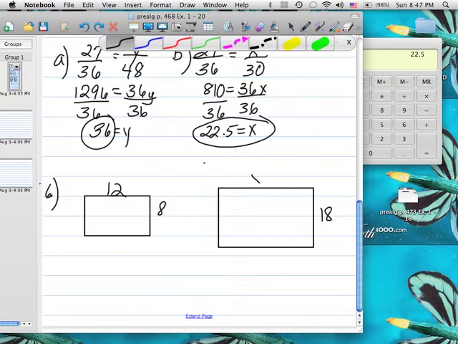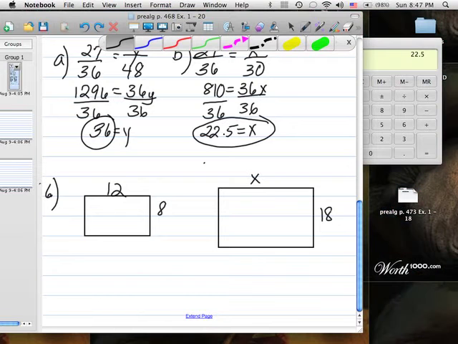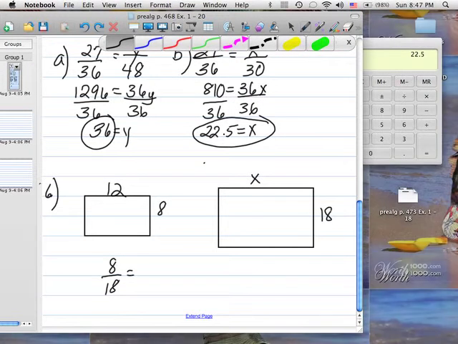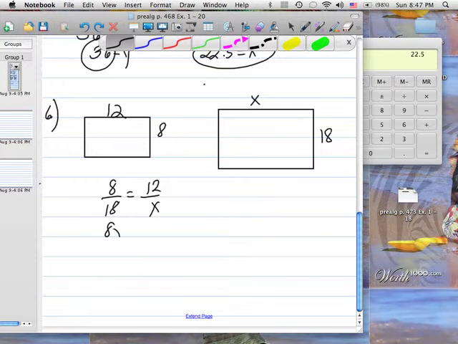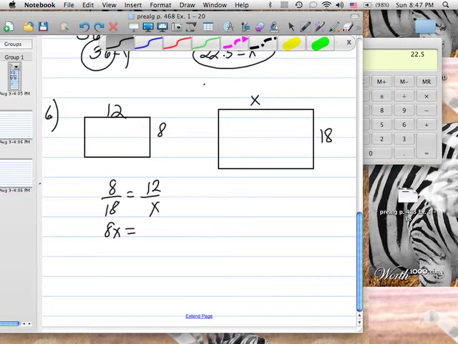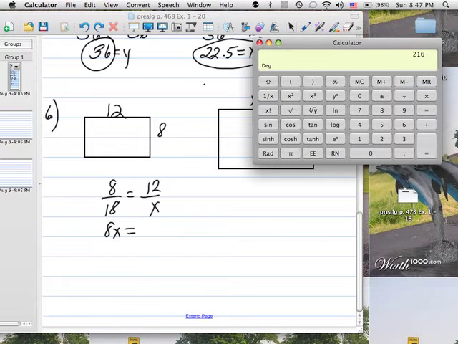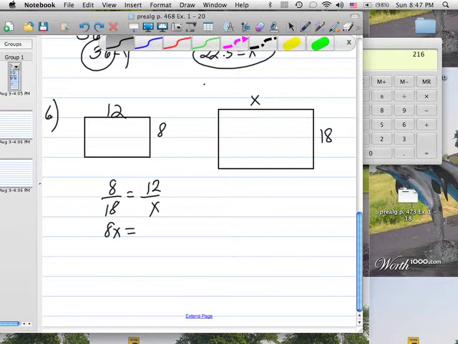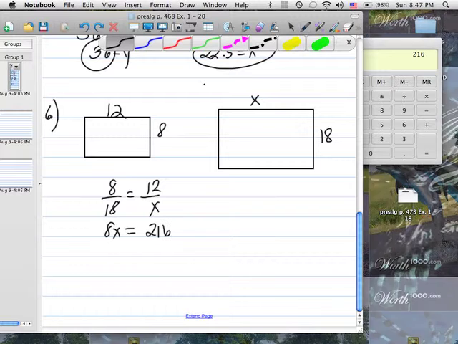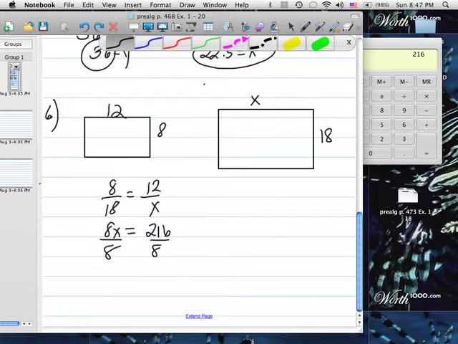So first we have to find the length. If we have 8 over 18 is the same as 12 over x, and do our cross products, we get 8x equals 12 times 18, which is 216, and divide by 8, we get x equals 27.